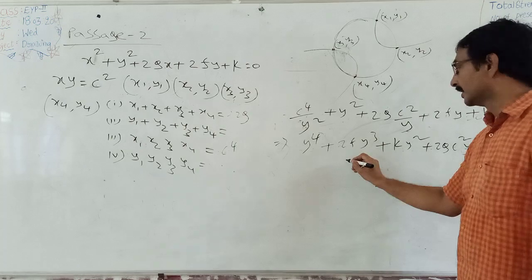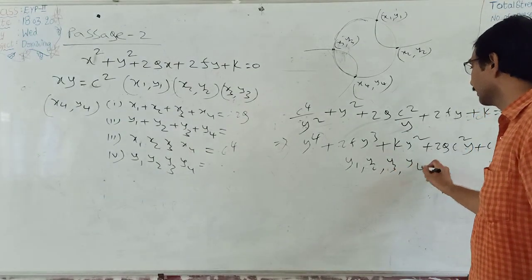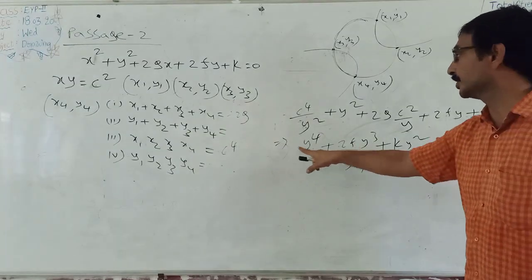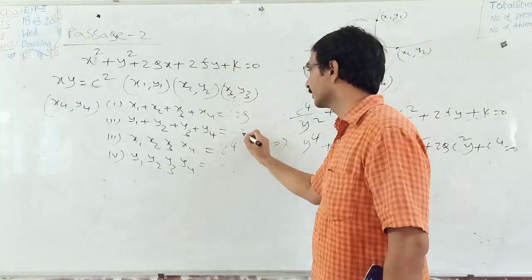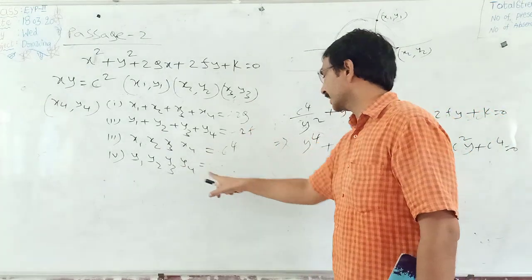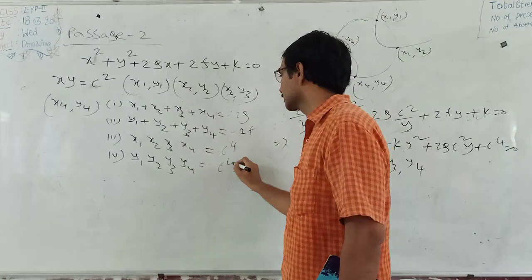So clearly the roots of this are y1, y2, y3, y4. Therefore, the second value, sum of the roots, is minus 2f by 1, that is minus 2f. Next, the fourth one, product of the roots, is constant term by coefficient of y power 4, c power 4 by 1, so this is also c power 4.